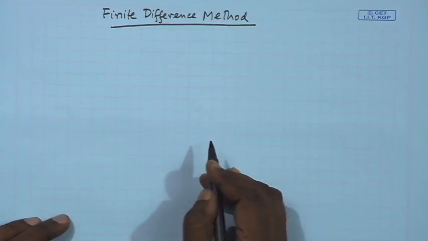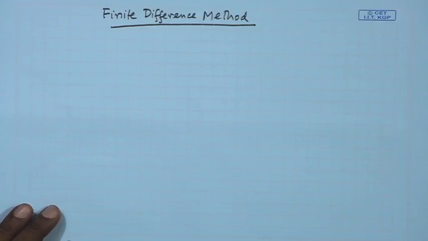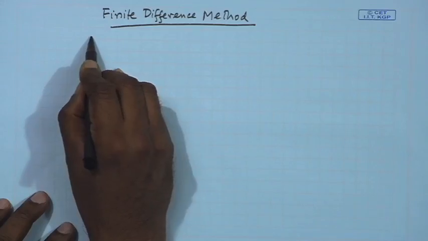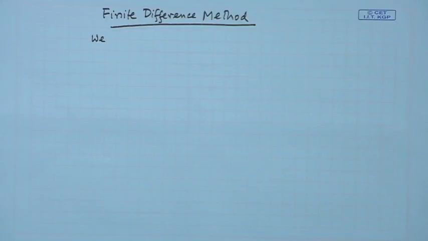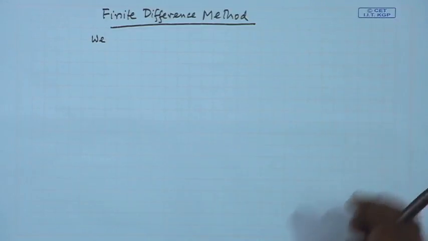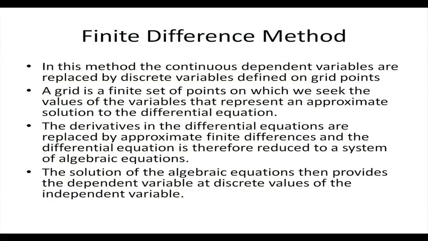In the finite difference method, we approximate the continuous functions at the discrete points where we need to solve the boundary value problem, and those discrete points are referred to as grid points. If we consider equispaced grids, we define... this is the way one can outline the finite difference method.